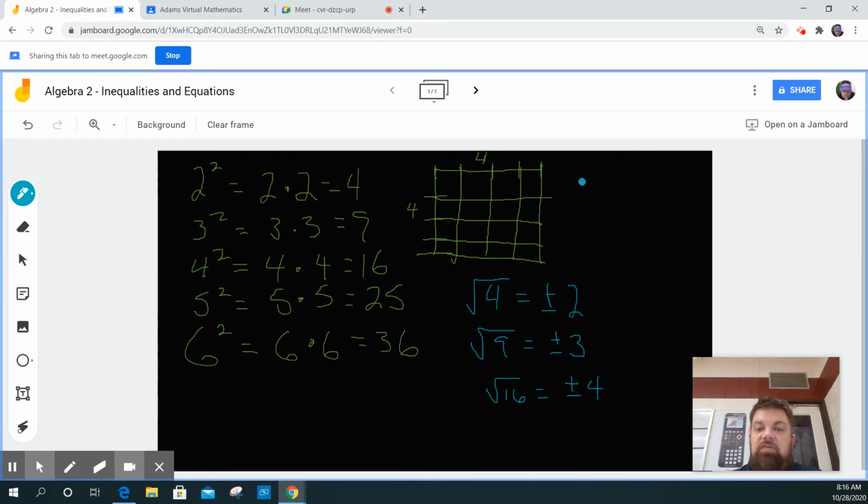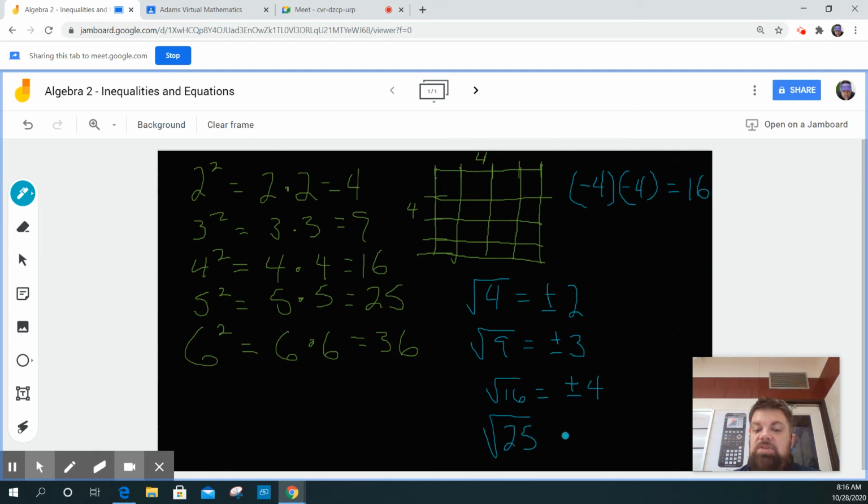Remember that if I say negative 4 times negative 4, a negative times a negative is a positive, and 4 times 4 is 16. So when I take the square root of a positive 16, I could have 2 solutions. Plus 4, in other words, positive 4 times positive 4, or negative 4 times negative 4.